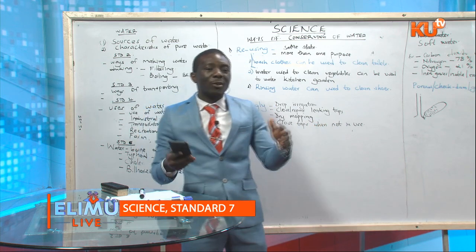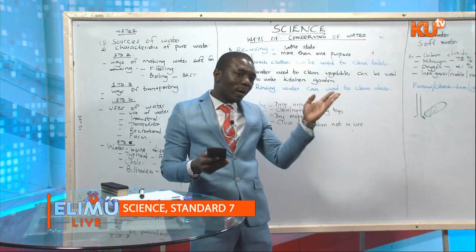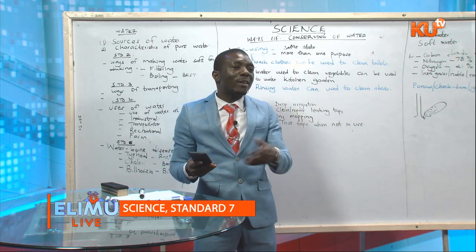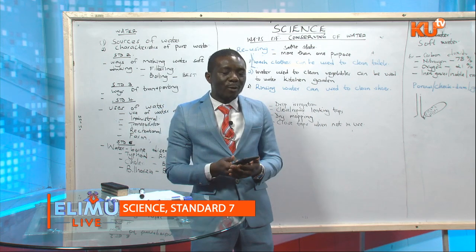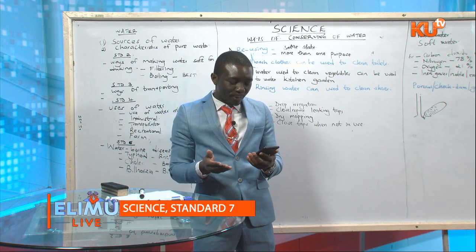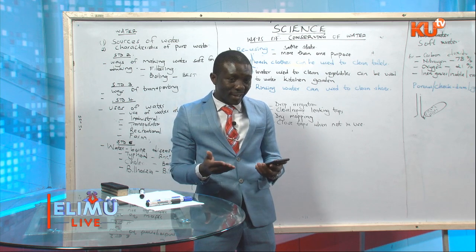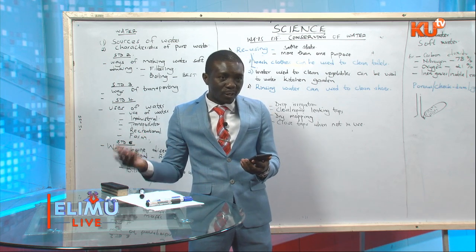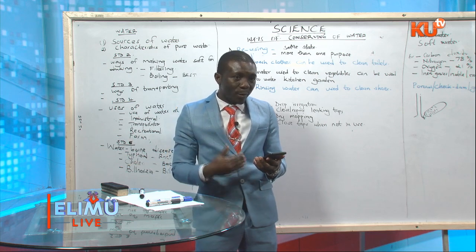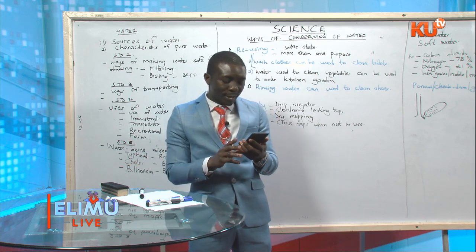You can make a storage tank. So when you harvest that water, you can use it in different seasons. Like right now when it is raining, that water you can collect and use for future use. So that's why we group it as a way of conserving water.